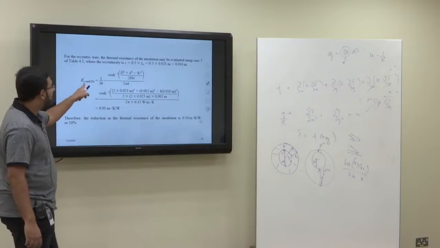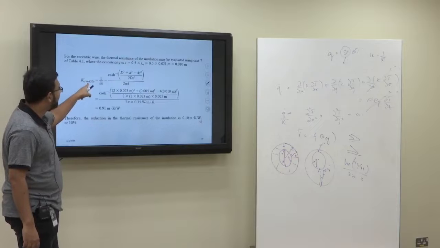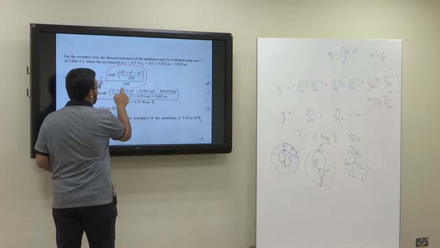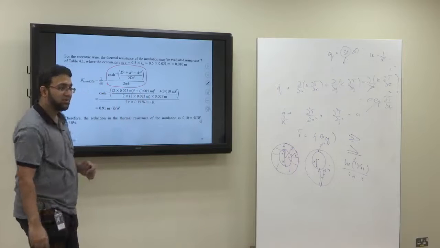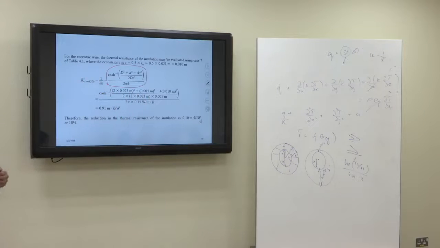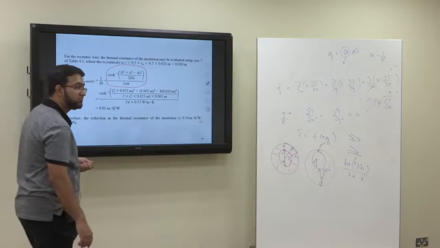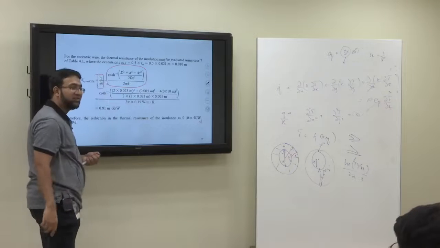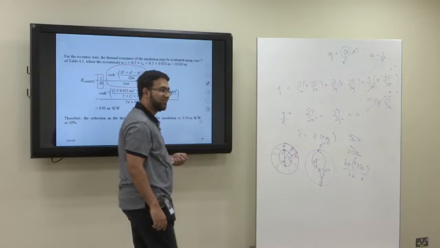So our resistance for this case is given by this formula. Can you see it in the table? Yeah. Now, because it is 1 upon Sk, we want to find the resistance which is 1 upon Sk.